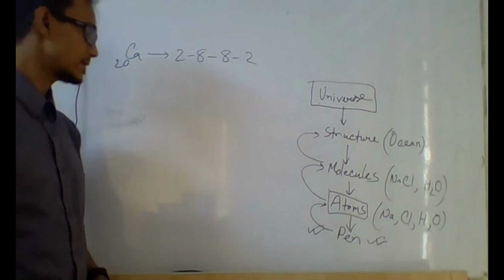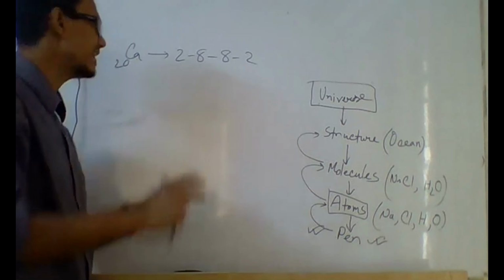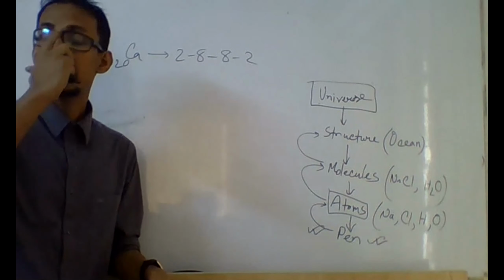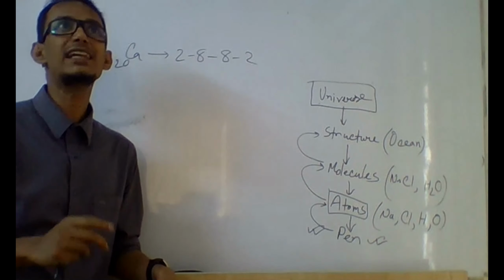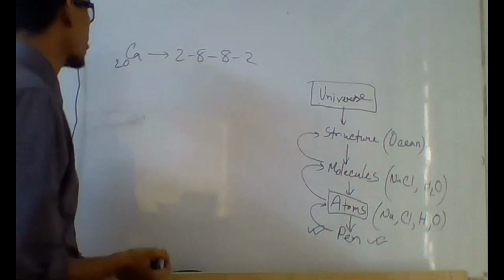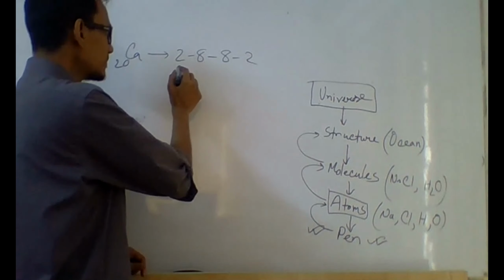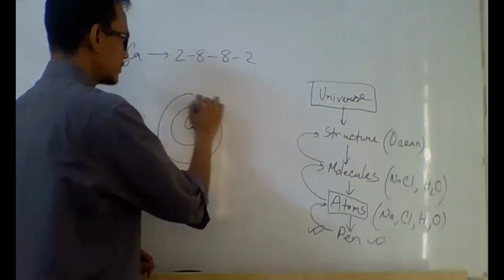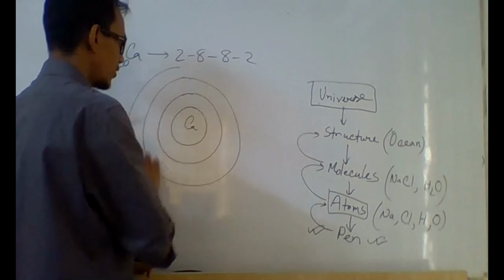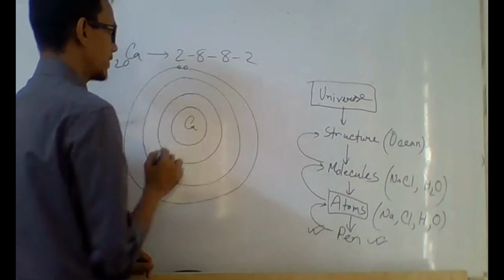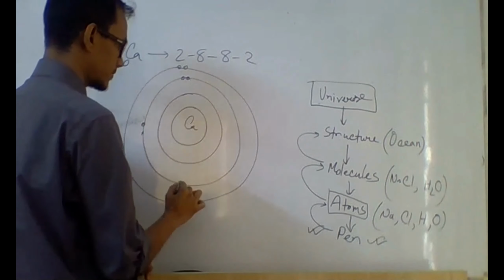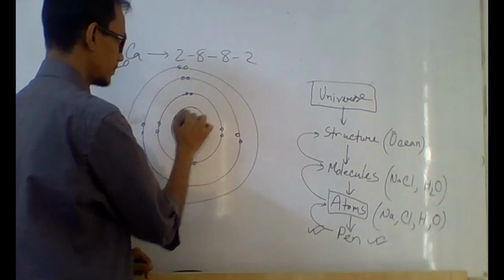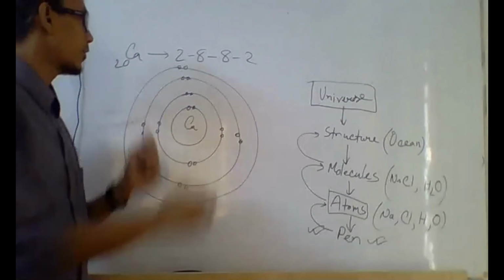Second thing is, this electronic configuration is very important for us. With this electronic configuration, we can find much information, or we can interpret the periodic table. How? See, calcium. How many shells are present in calcium? So 4 shells, right?